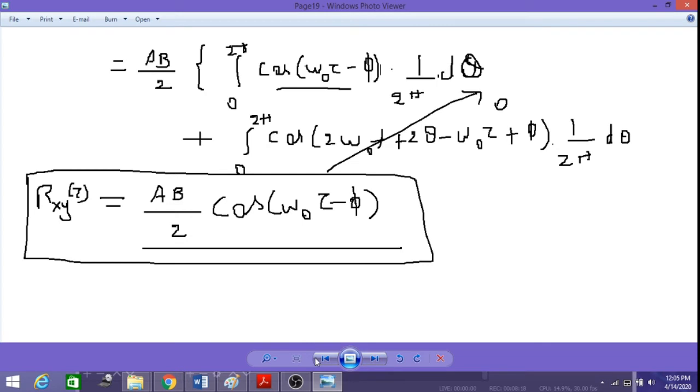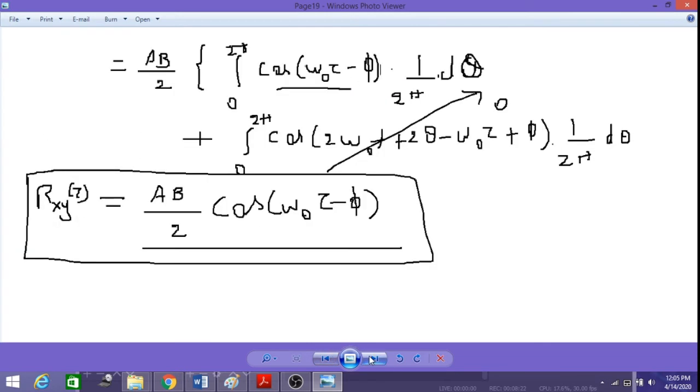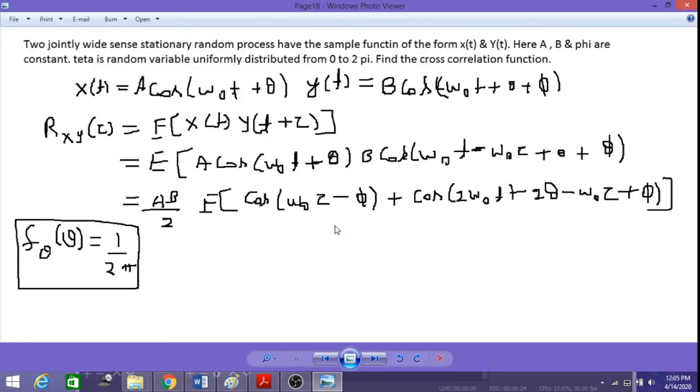When we substitute that and integrate, we apply the cos A into cos B formula, so we get cos(A plus B) plus cos(A minus B). We have interchanged the first and second term, but that doesn't make any difference because in between there is a plus.